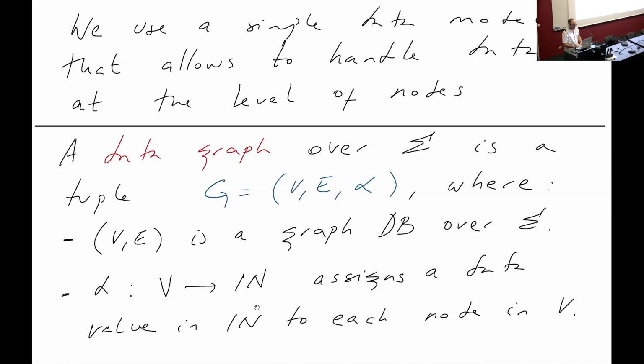It will assign a natural number. This will be the data carried by each node. The important thing here is that we can have two different nodes that carry the same value in terms of alpha. This is what we call the data value of a node. We can have two nodes with the same data value.